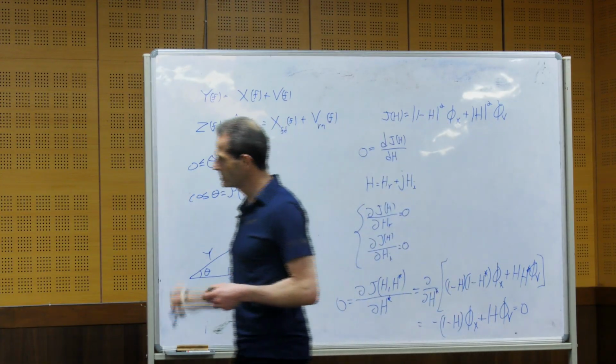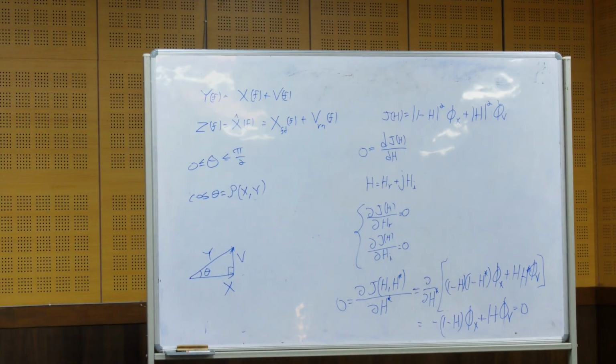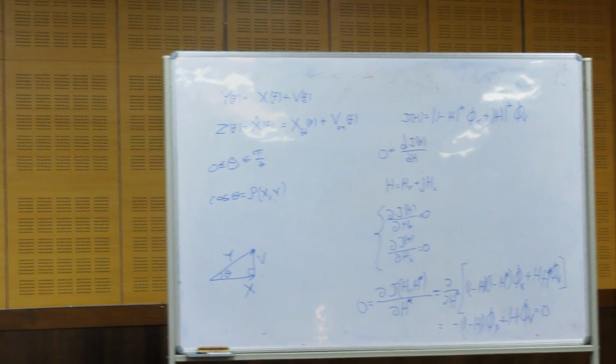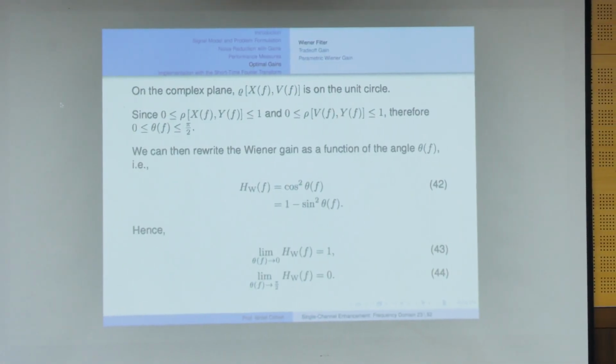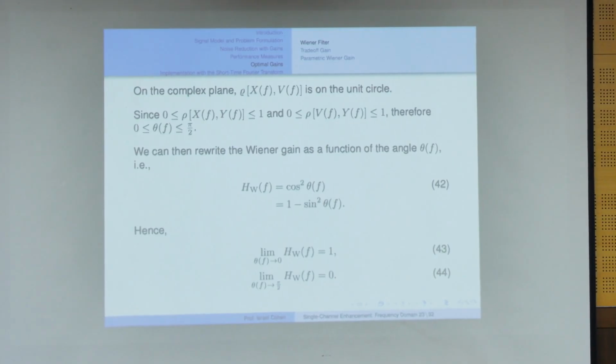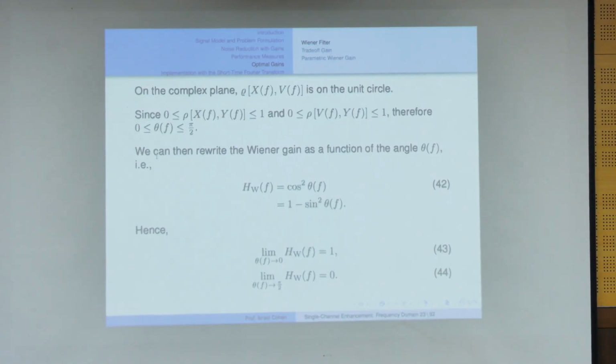So we can also write the Wiener filter using this convention and parameter. We can write h, the Wiener filter, as cosine squared of theta, which is 1 minus sine squared of theta, using this definition of theta.